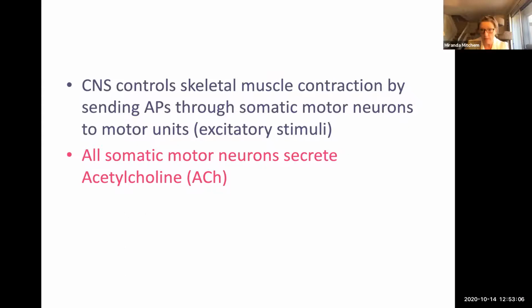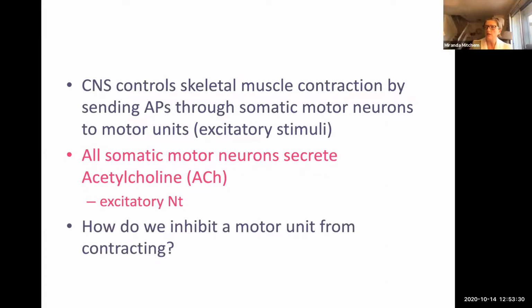All right, so in muscles, acetylcholine is an excitatory neurotransmitter. We will see in other muscles that's not true. So please keep in mind that I'm emphasizing that in skeletal muscle, acetylcholine is stimulatory. It excites.